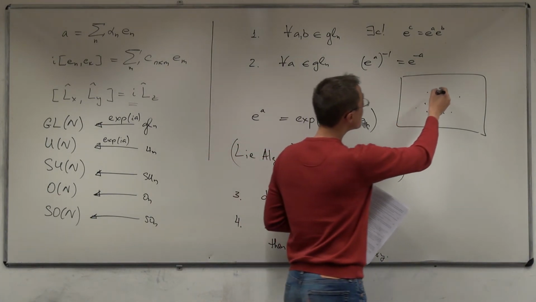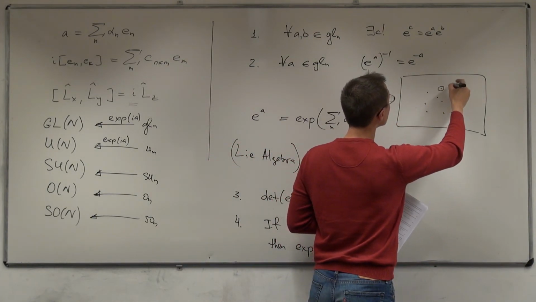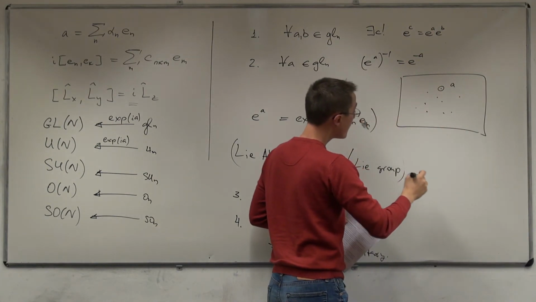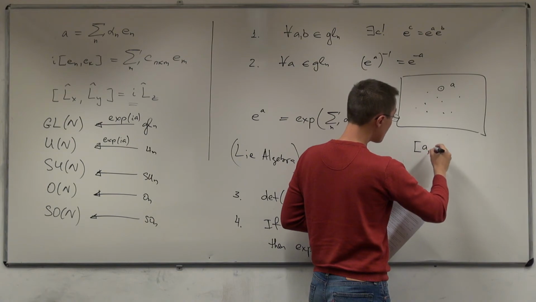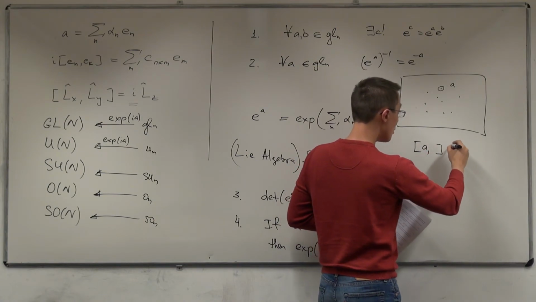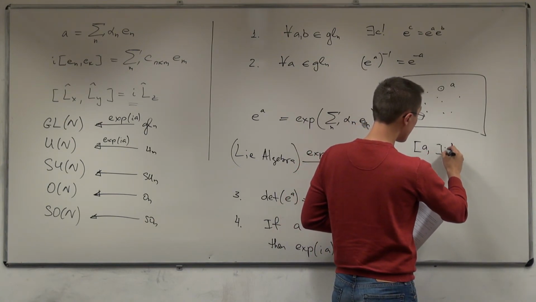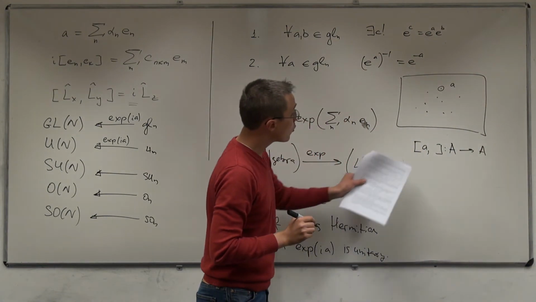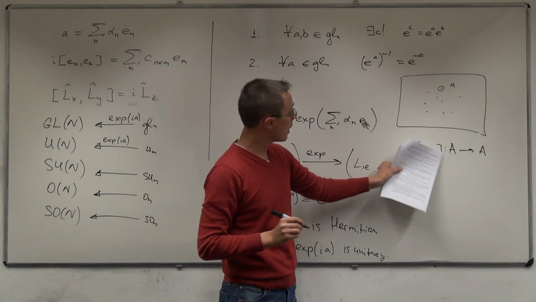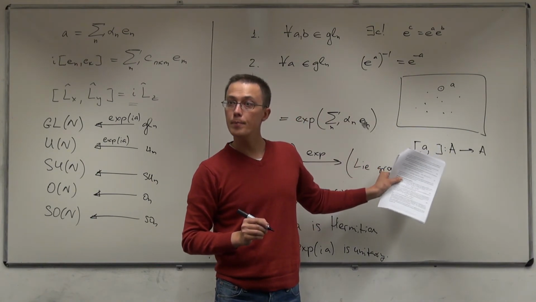So let's pick a particular element in here and call it A, and then let's define a map by a commutator with A from an algebra into itself. That is, we take an element of an algebra and we commute it with A.